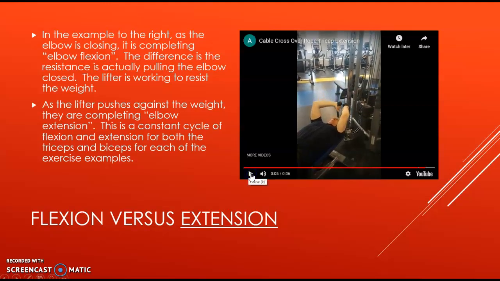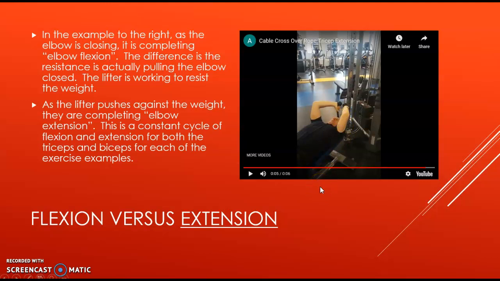So in this case, the flexion and extension are different because of where the resistance is being offered. In the previous example, the resistance was out in front and slightly down below. So flexion and extension were working the biceps. In this case, flexion and extension, still moving the elbow the same way, but the resistance is behind the person and lower. It's working the back of the arm.